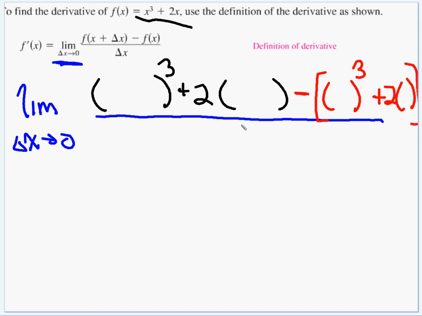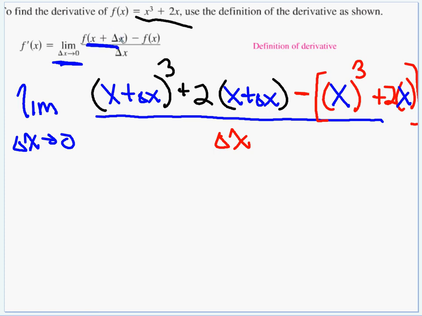There, it barely fit, but we got it in. All over delta x. And what's going to go in there is x plus delta x in the first use, and in that second use, it's just plain old x, because that's our notation here, f of x plus a little bit more minus f of x.